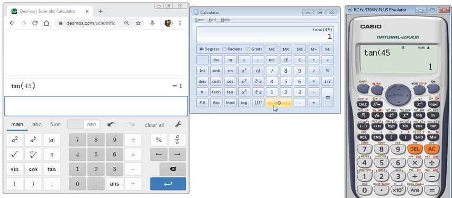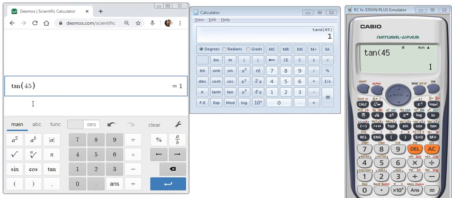We have a number which represents the tangent, and we want to find the angle that has that size of tangent. Alright? So how can we do it? It's gonna be like this.